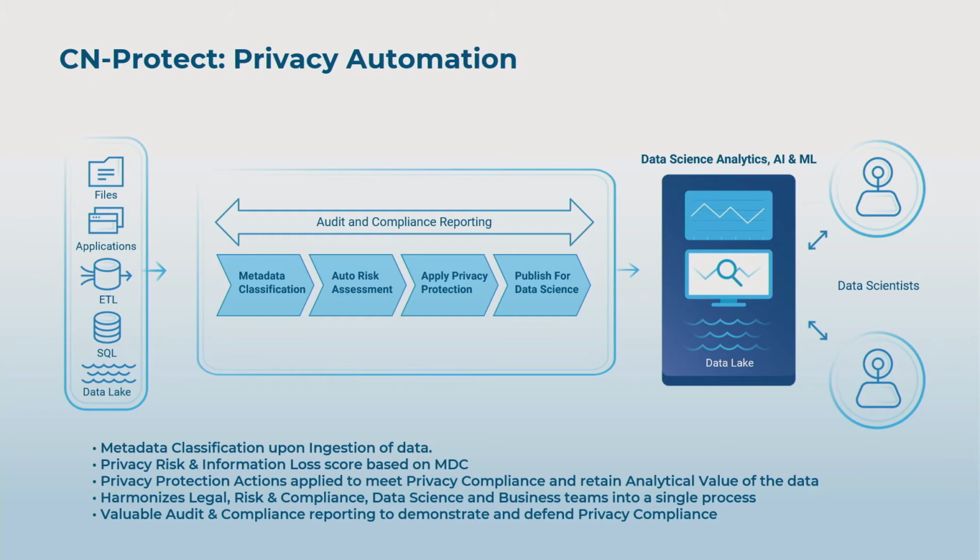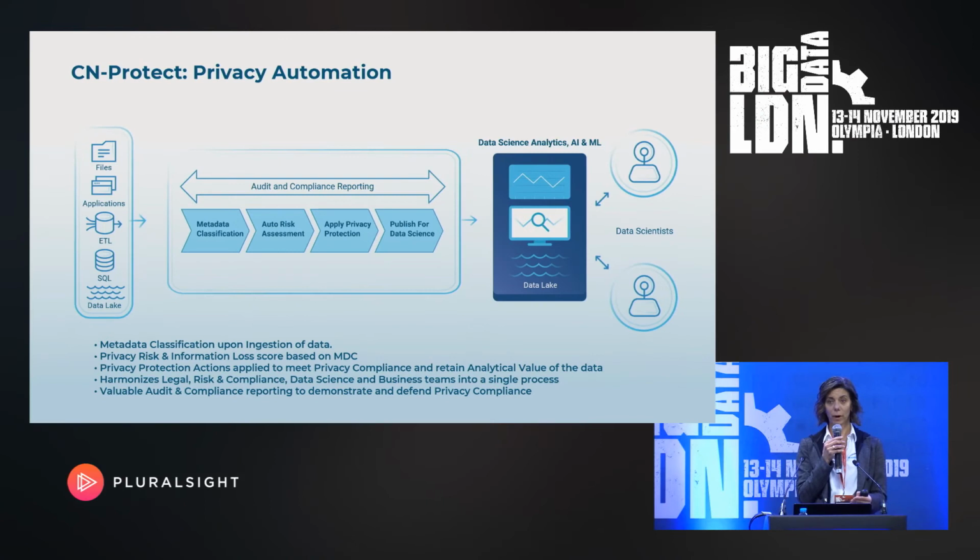It can automatically assess the risk of re-identification for that data set, in which case then you can start to take the proper steps to reduce the risk by applying privacy actions. And once you've applied those privacy actions, you can then also check the risk again before you publish it into a data science environment. It could be directly into a data lake, or it could be directly to the data scientists themselves.